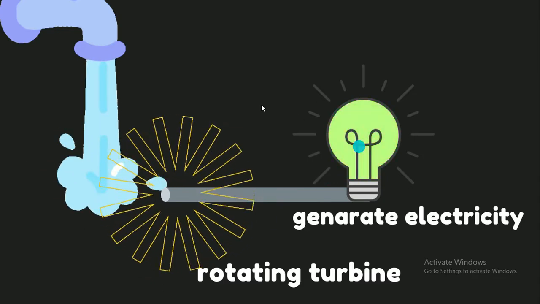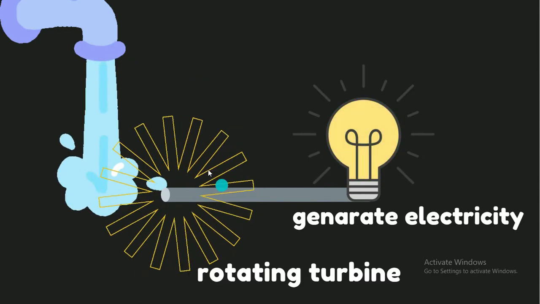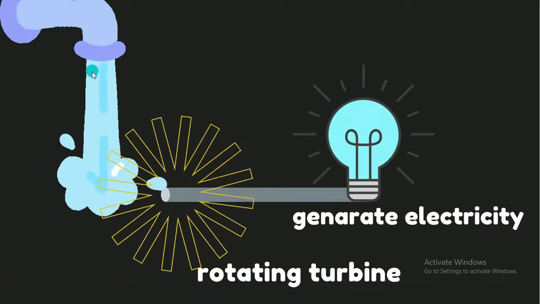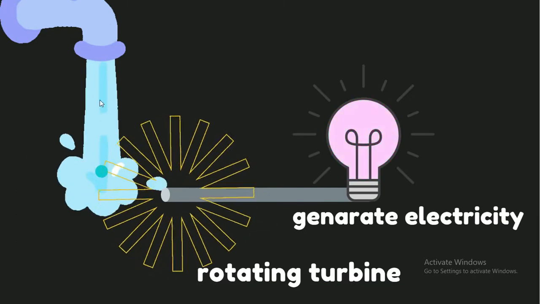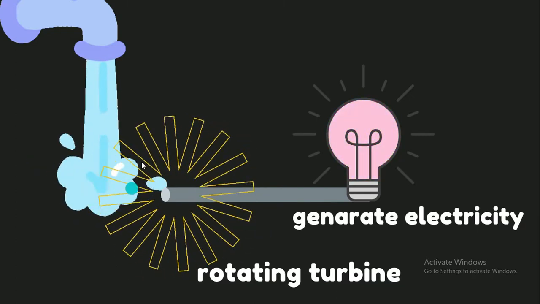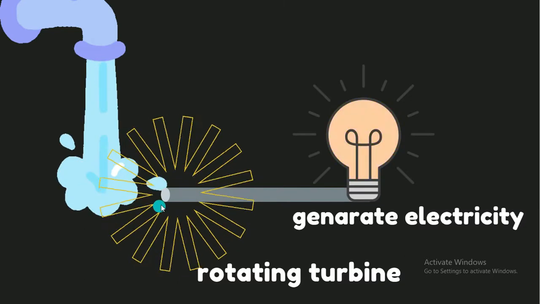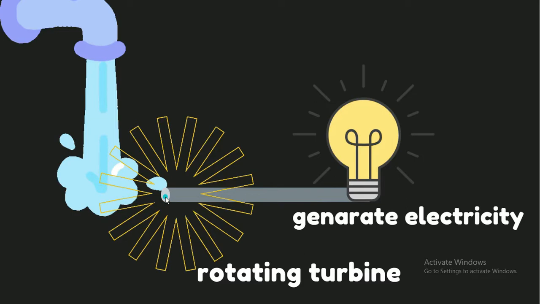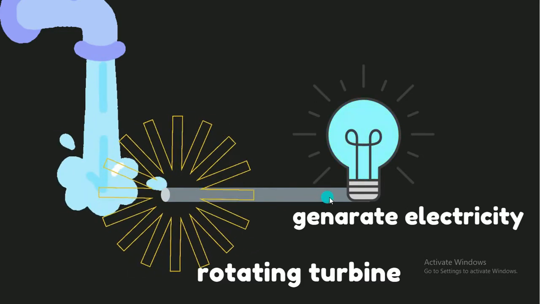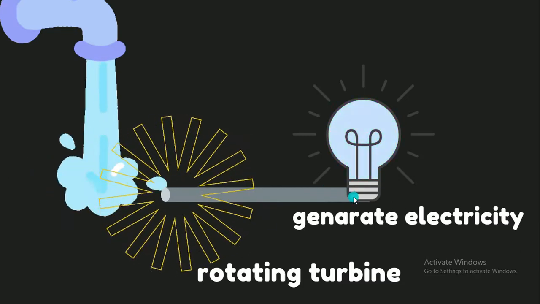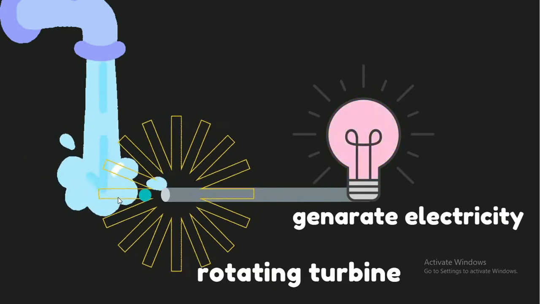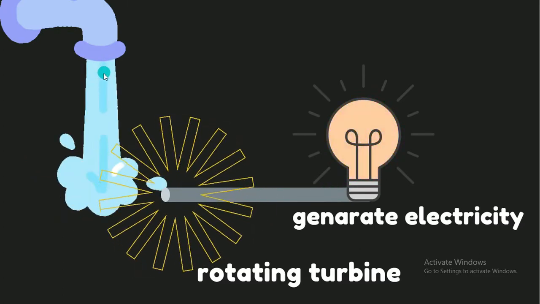A simple description of this picture shows the simple process of producing electricity by using water. Here water is flowing, and there is a turbine, and this turbine is connected to a dynamo, and the end of the dynamo rod is connected to an electrical bulb.